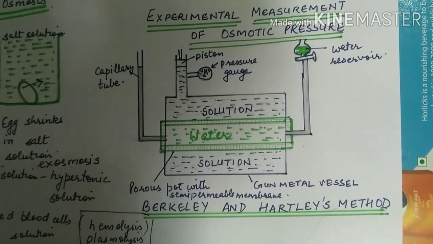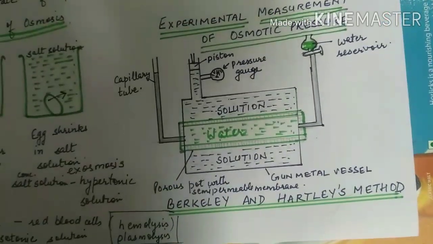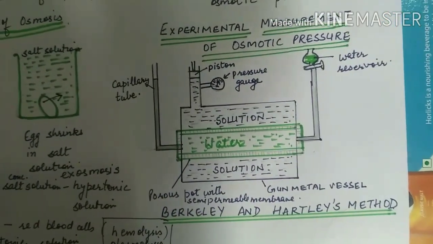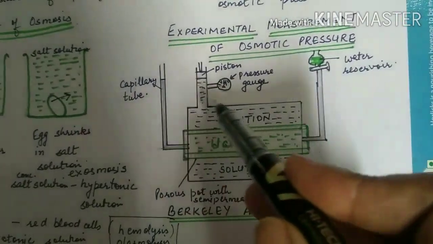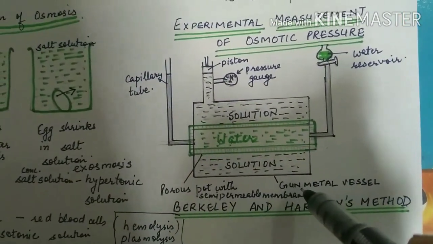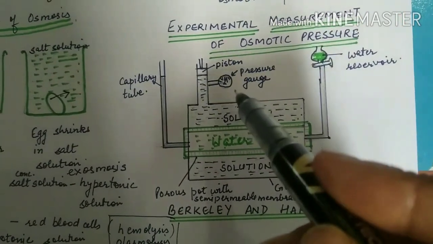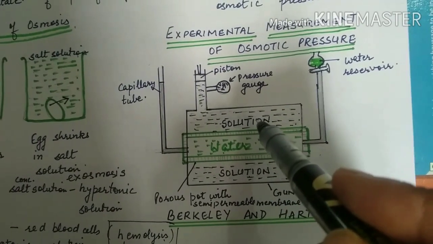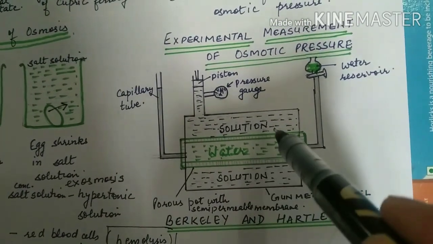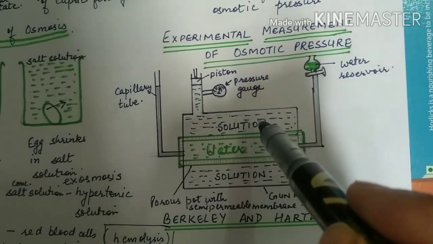So in this method, the assembly of the apparatus is as such. We have a bronze or a gunmetal vessel in which we have filled up the concentrated solution whose osmotic pressure is to be measured.